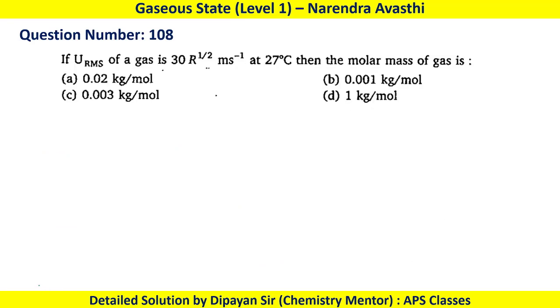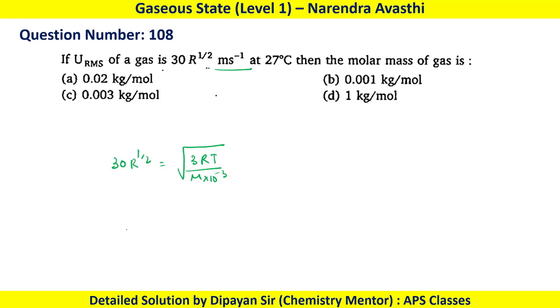In question number 108, we have URMS expression given as 30 R to the power half, which is equal to root over 3RT by M, with M in kg unit because it is meter per second.